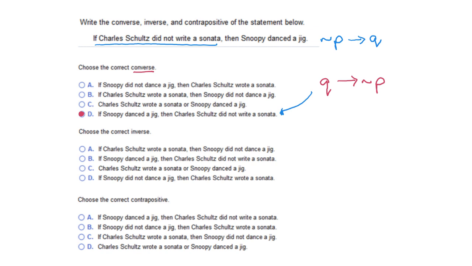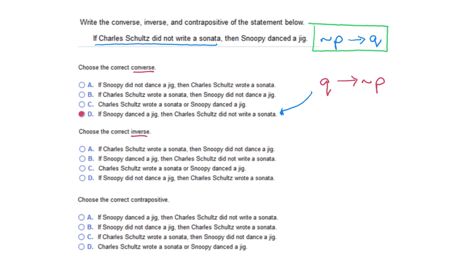Next, we're going to take a look at the inverse. Remember, always go back to the original statement. I now have to just take the negation of both the left side and the right side.